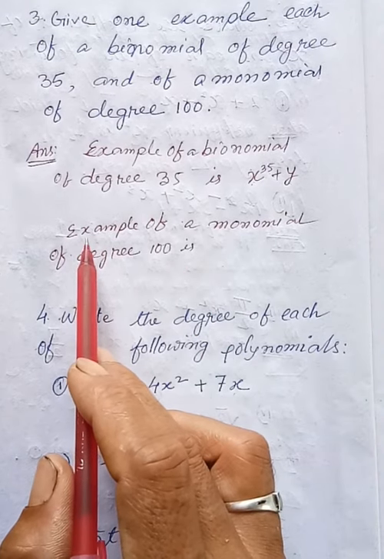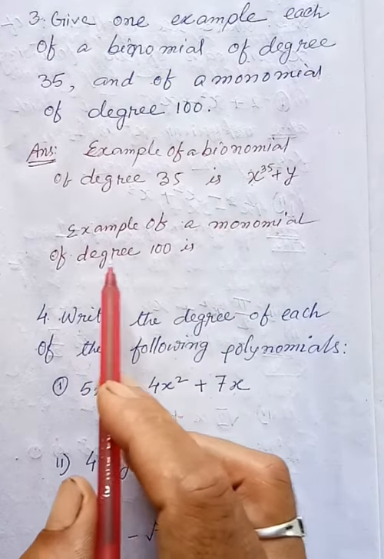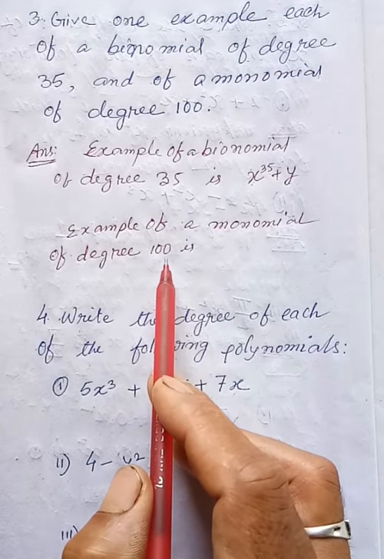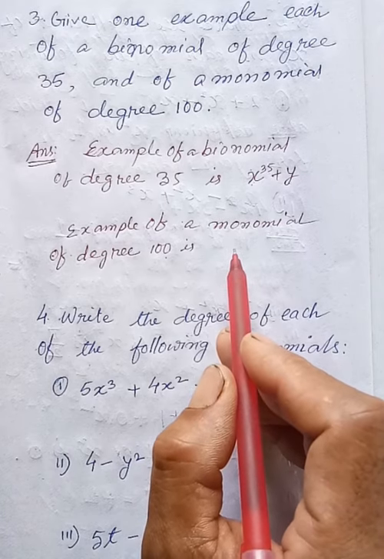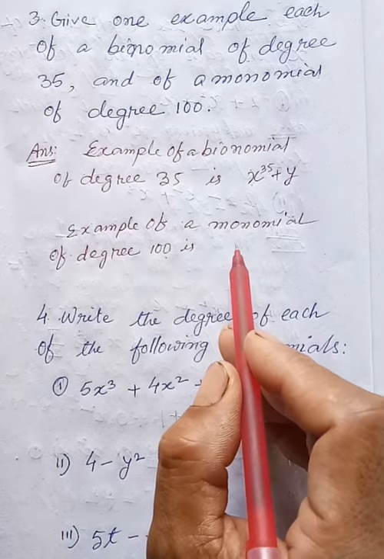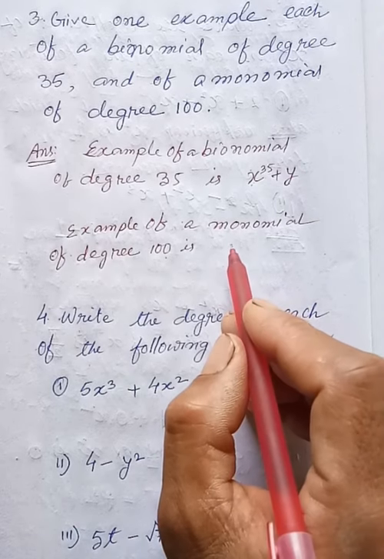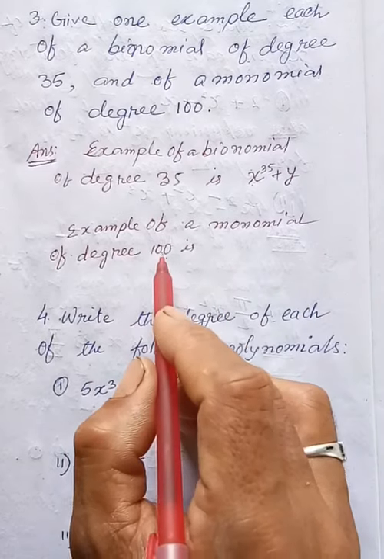Let us give the other part of the answer. Example of a monomial of degree 100. Also you have to write an example of a monomial. Monomial means a polynomial with only one term. It must consist of only one term with degree 100.